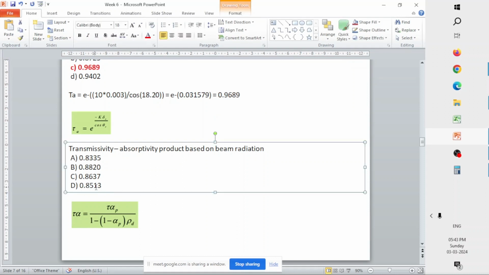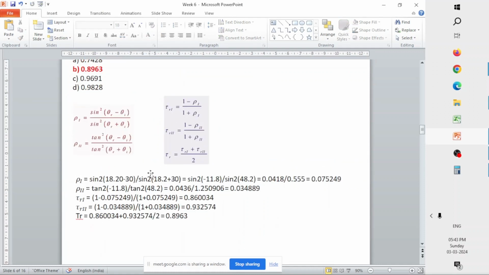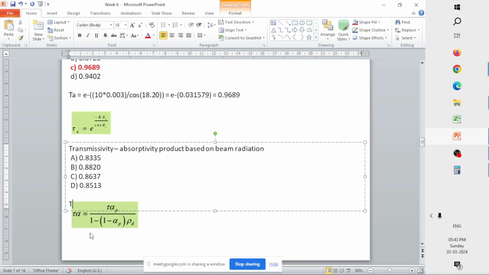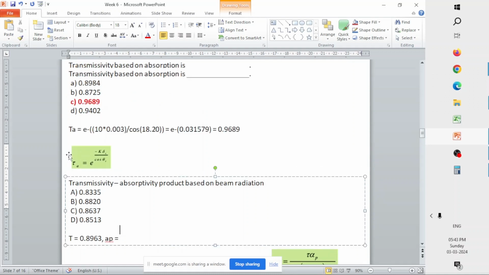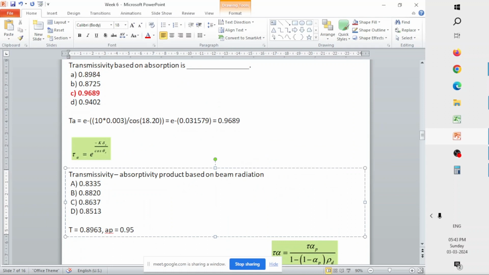So let's just calculate this as well. This will be quite easy. So tau value is 0.8963. Alpha p, that is your absorptivity of the plate, is 0.95, and your diffusive reflectivity, here we take that value as 0.2, because if you remember, we discussed this previously also.